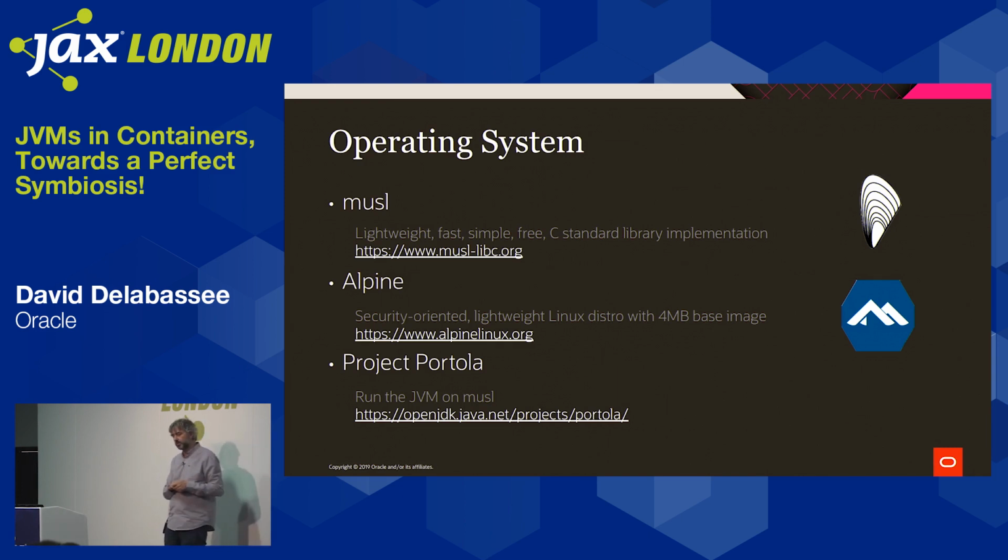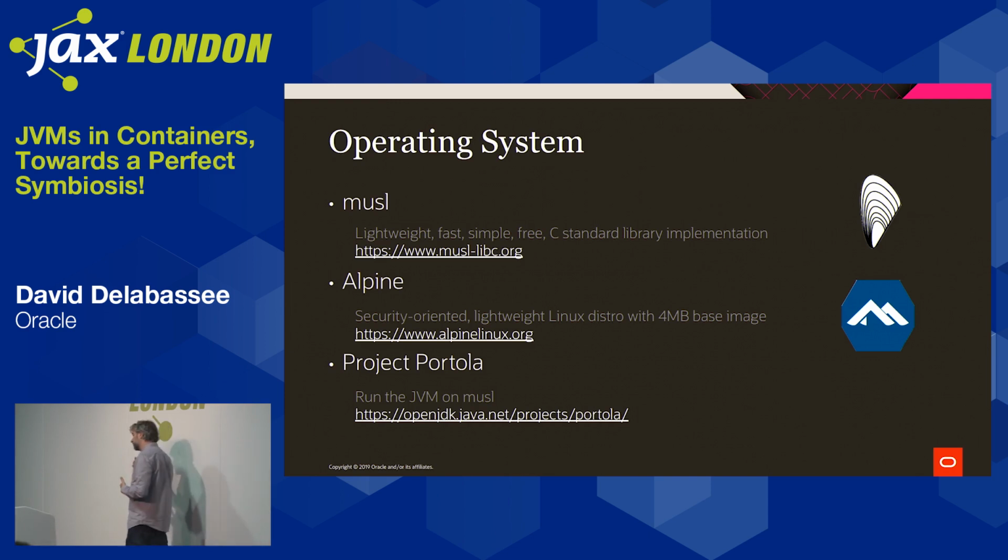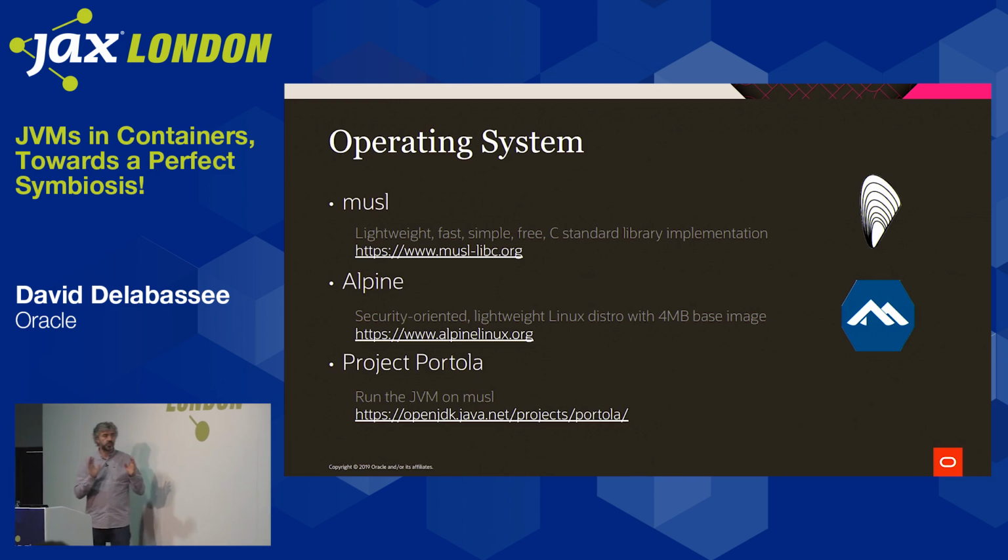And we have this project Portola under the OpenJDK project, whose goal is to compile OpenJDK on top of musl. So that means that with Portola, you can use OpenJDK on top of Alpine, for example. Now, it's not something we recommend to use in production these days. It's not yet ready for that, but it's something you can certainly look at.